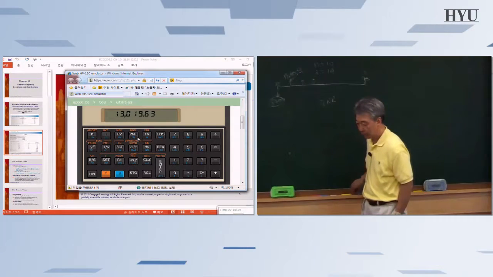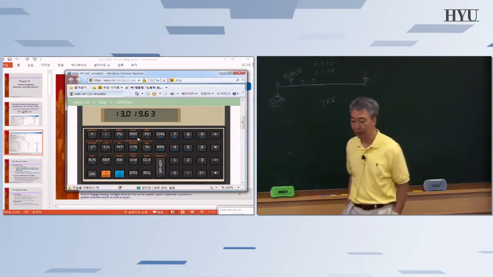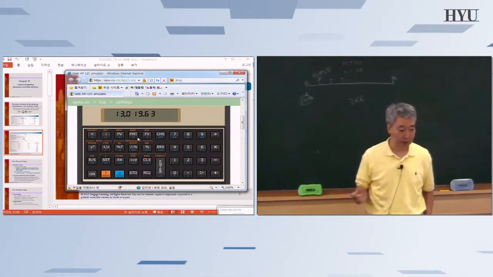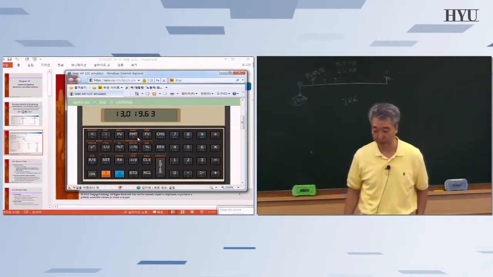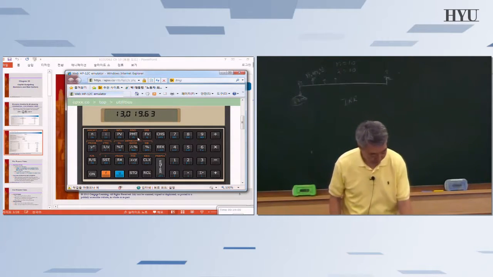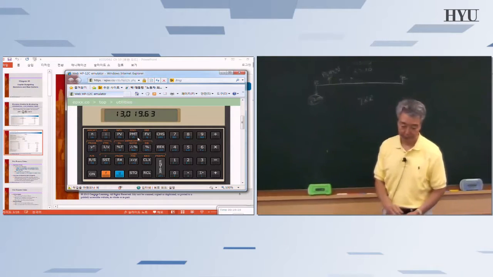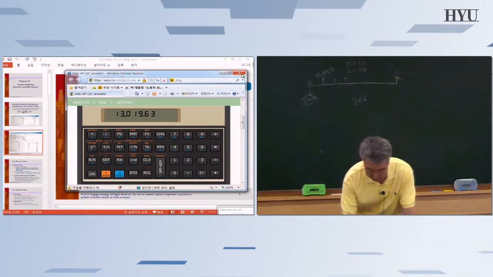Well, you can probably solve it, but it'll take at least a few days because it requires iterative step, right? Well, it takes a long time, okay? So I really recommend you to have financial calculator or download app on your smartphone, okay?